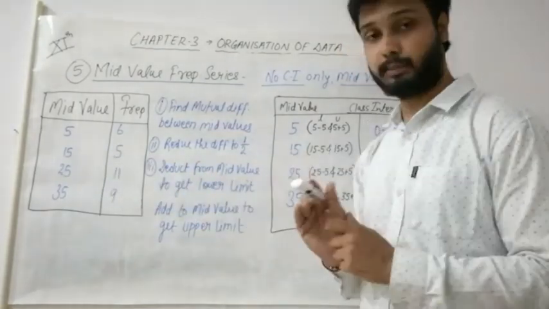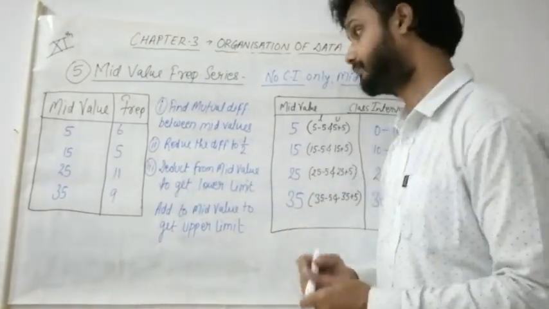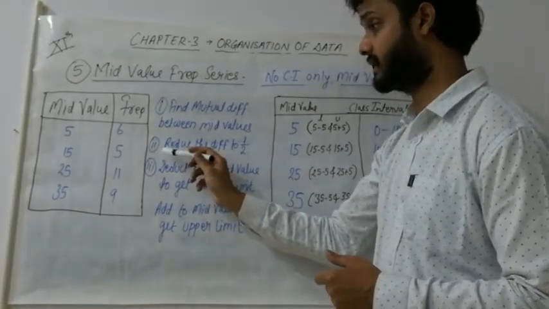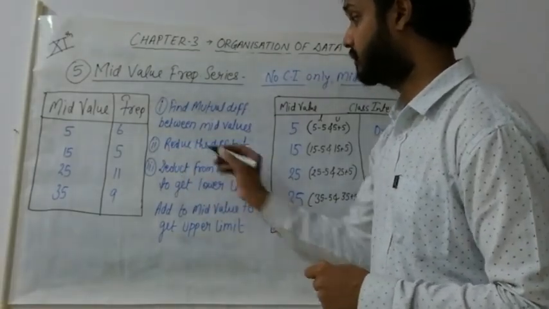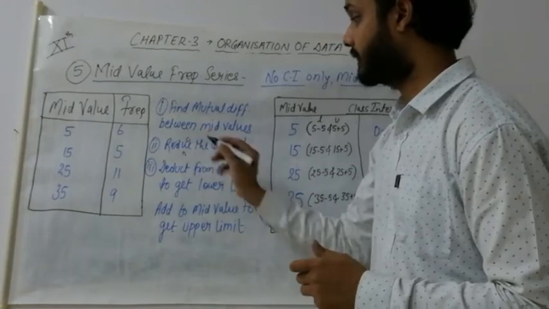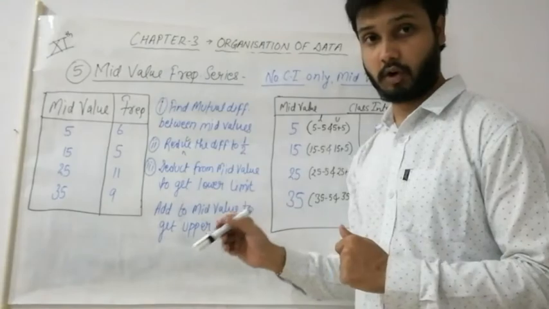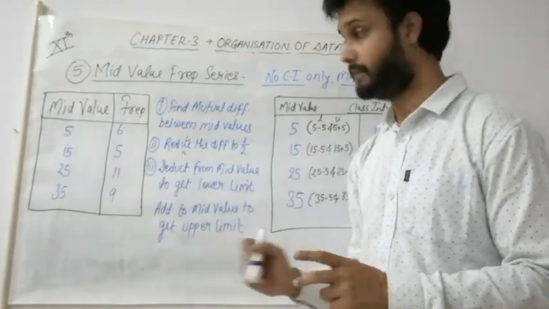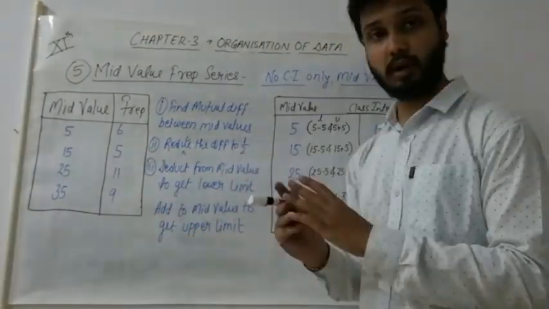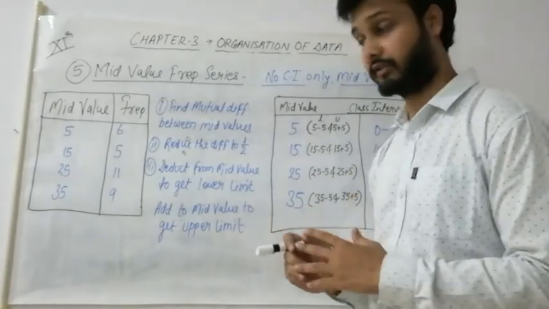So we have got our mutual difference, that is 10. The second step says to reduce the difference to half. Whatever difference we have got, that is our 10, we have to reduce that to half. So half of 10 will be 5.